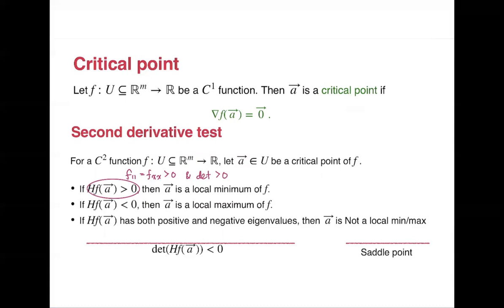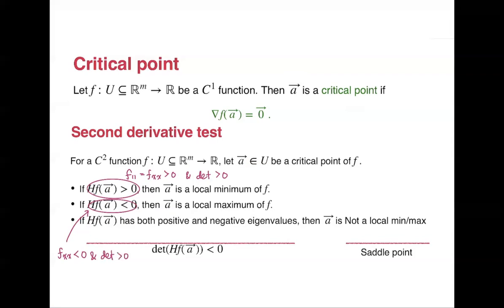Okay, and I think it's a little bit different from the notation I learned before, but it is the same as: Fxx is less than 0, and the determinant of the Hessian matrix is positive, which is a local maximum.